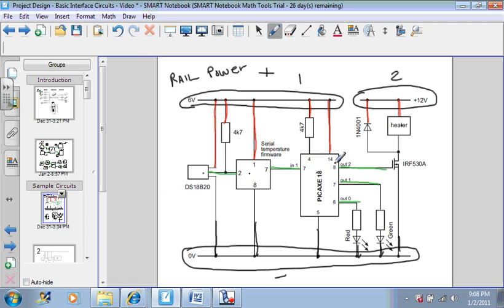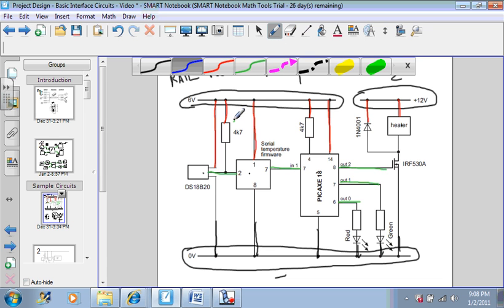And of course, there are extra components that might be needed to help operate your system, such as some resistors and maybe some diodes to help control the current distributed throughout the system.